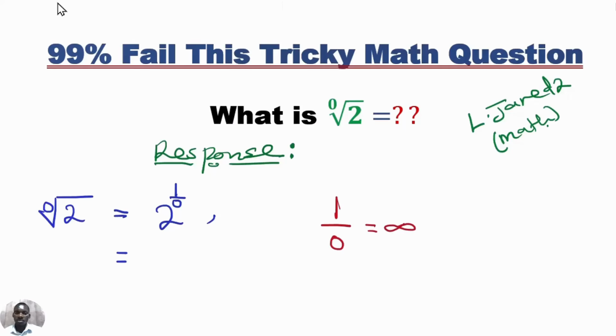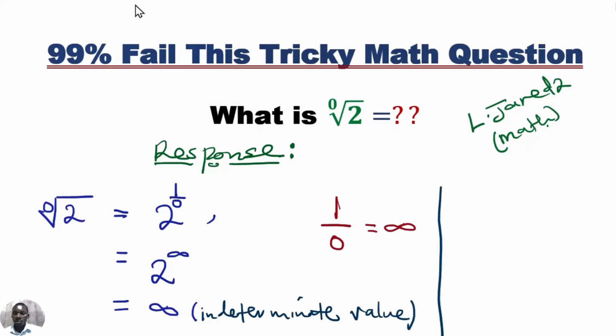Therefore, in this number, we are going to have 2 raised to power infinity. Therefore, 2 raised to power infinity is the same as having infinity. In fact, this is an indeterminate value. Therefore, we can conclude that our expression is the same as infinity, the indeterminate value.